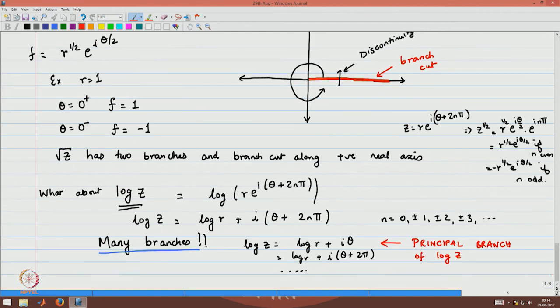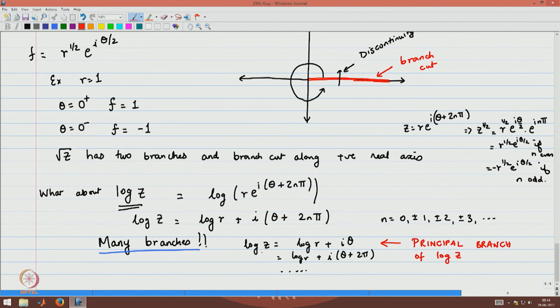Now I won't discuss more about this, but basically depending on your choice of theta, your branches can have different values, okay.